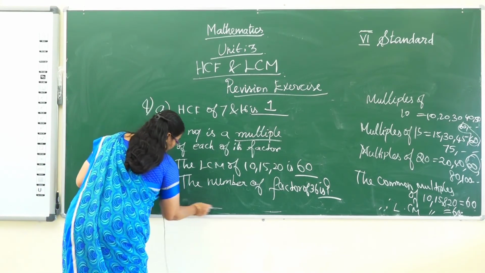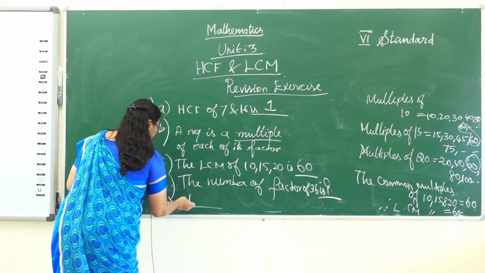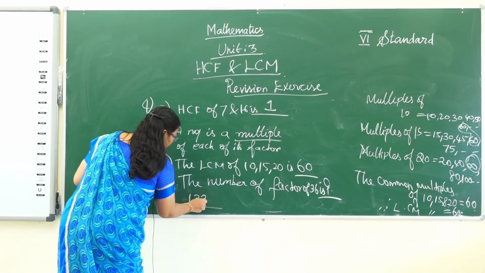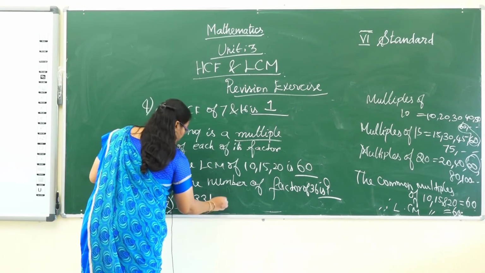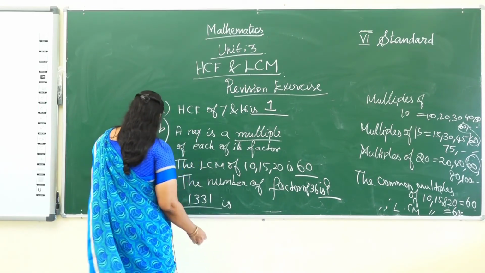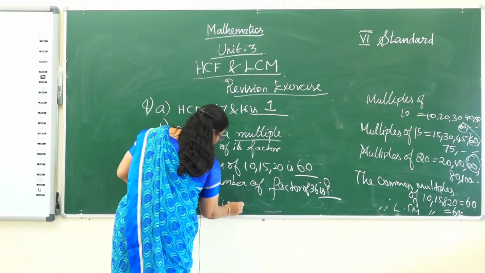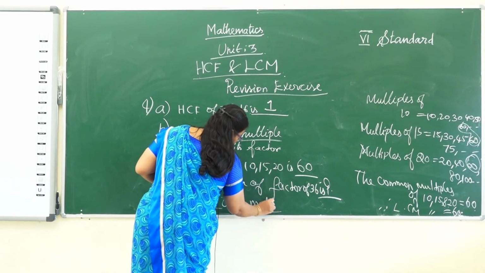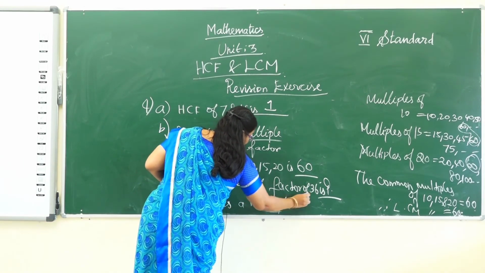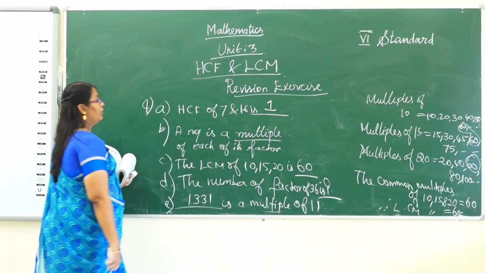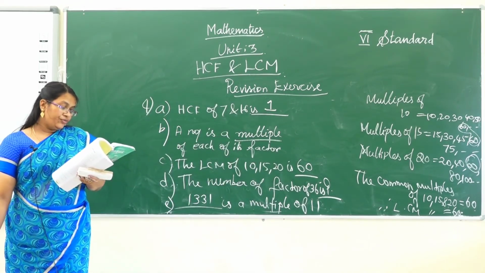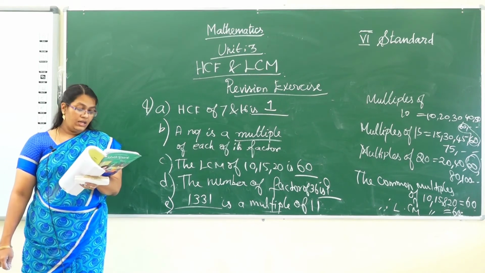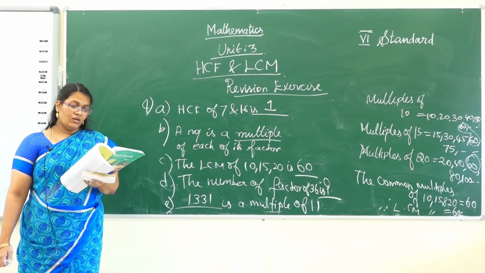The choice given is 1331, which is divided by 11, so it is also a multiple of 11. This is the fourth problem. The fifth and sixth are homework.